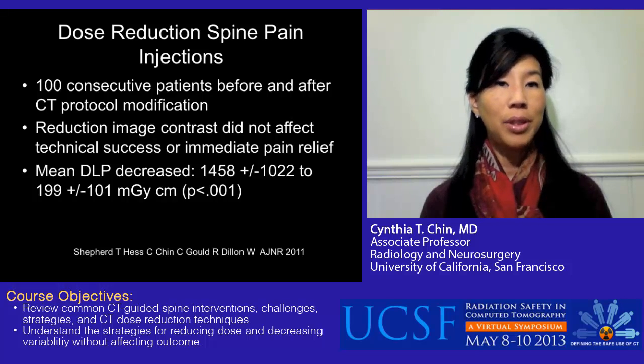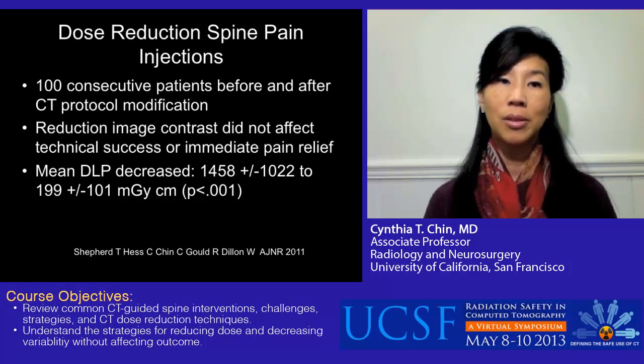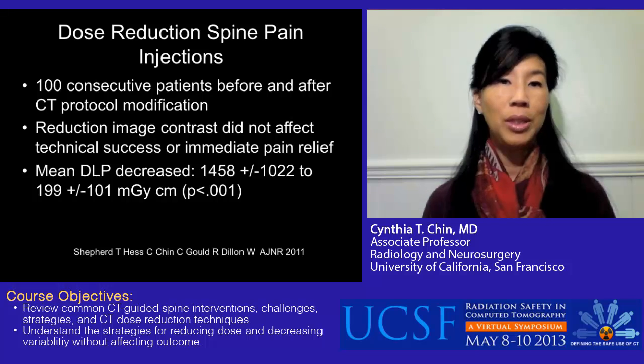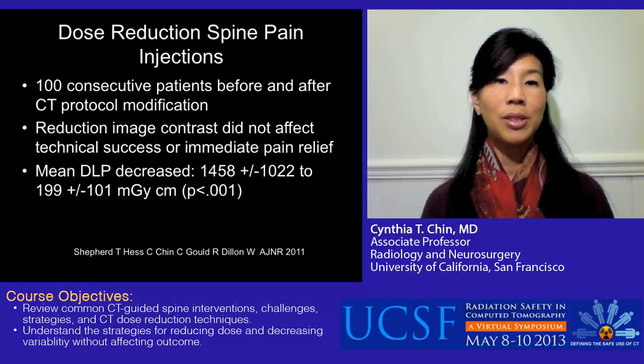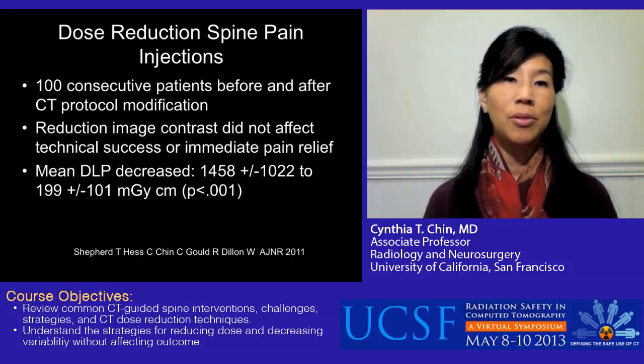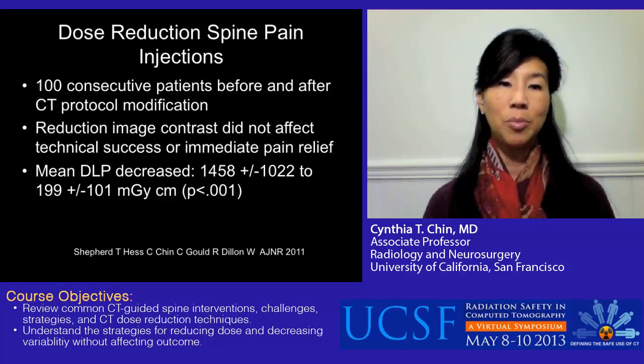And what we found then was that a reduction in image contrast was not significant enough to affect the technical success or the immediate pain relief for these patients. And in fact, the mean DLP decreased substantially from 1,500 to less than 200 milligray-centimeters.